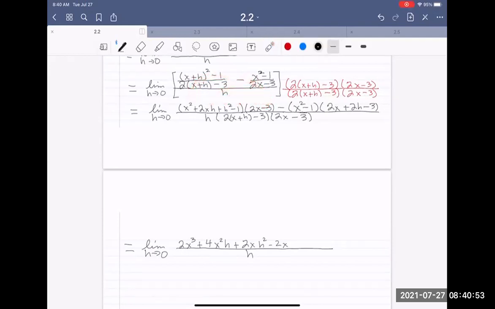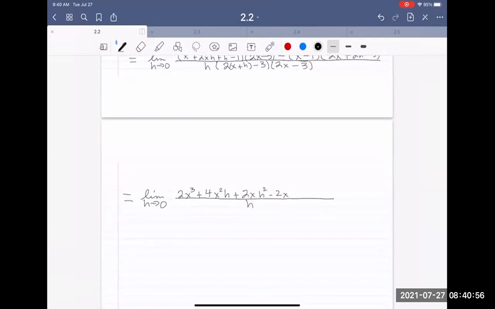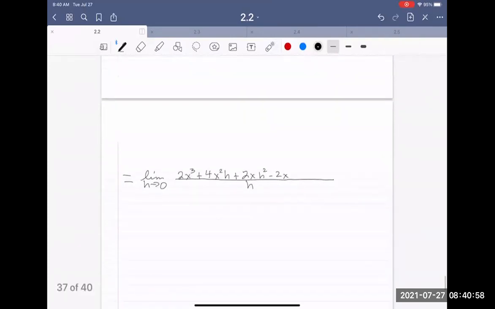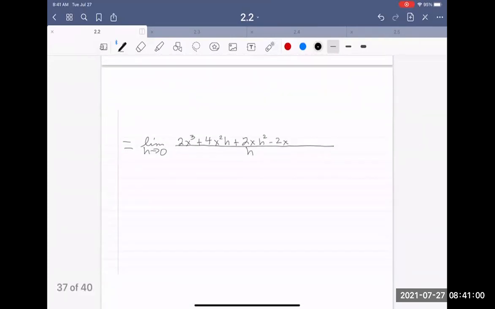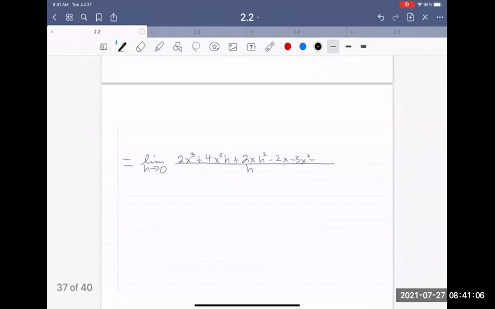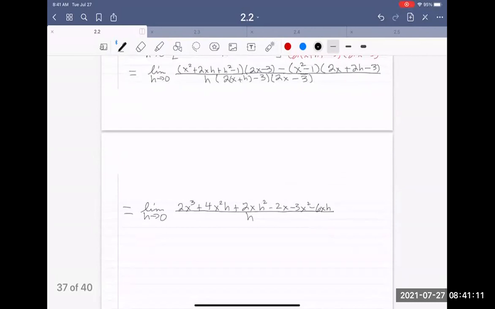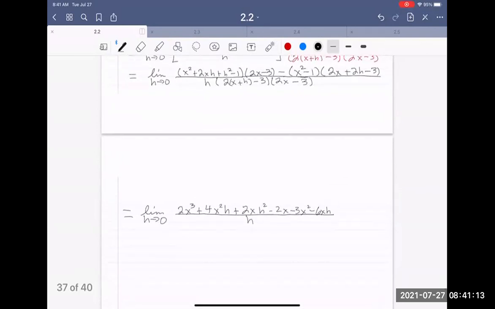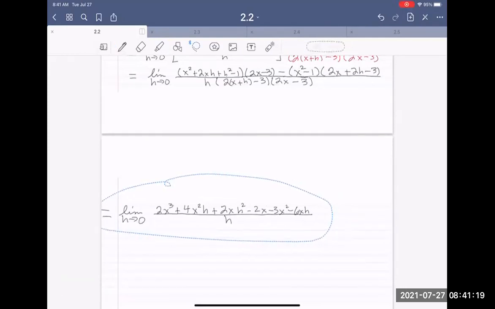Okay. So minus 3x squared. Oh, good grief. Minus 6xh minus, how in the world am I going to fit this? Okay, let's do the following. Let's move this over.